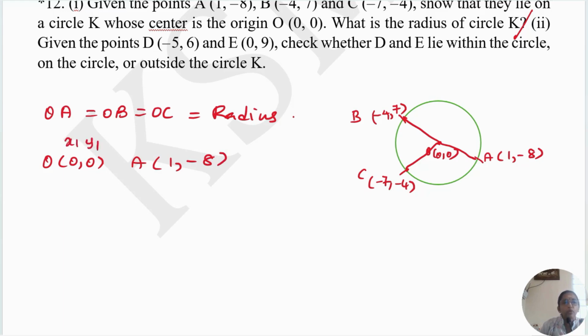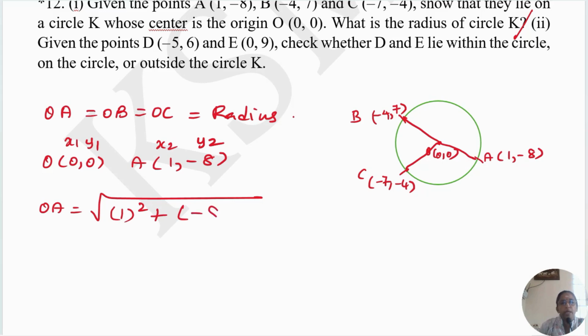So OA is equal to square root of (1 minus 0) the whole square plus (-8 minus 0) the whole square. This is nothing but 1 plus 64, so this is root 65 units.